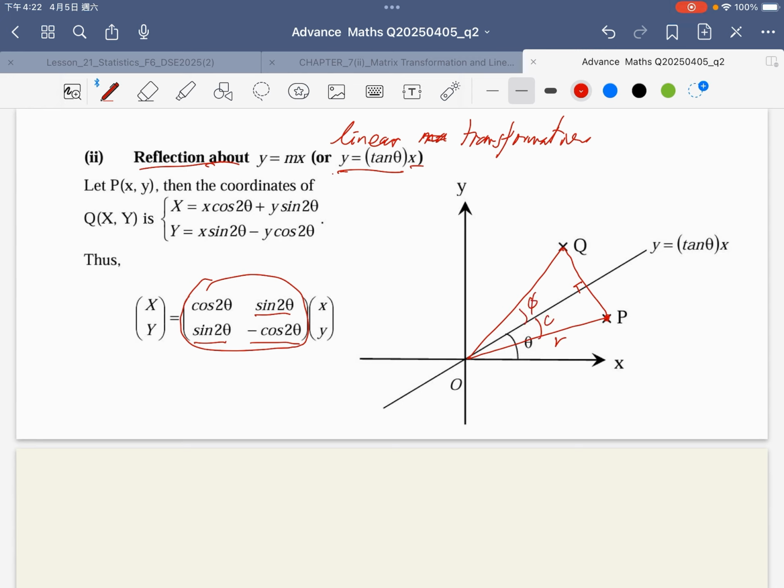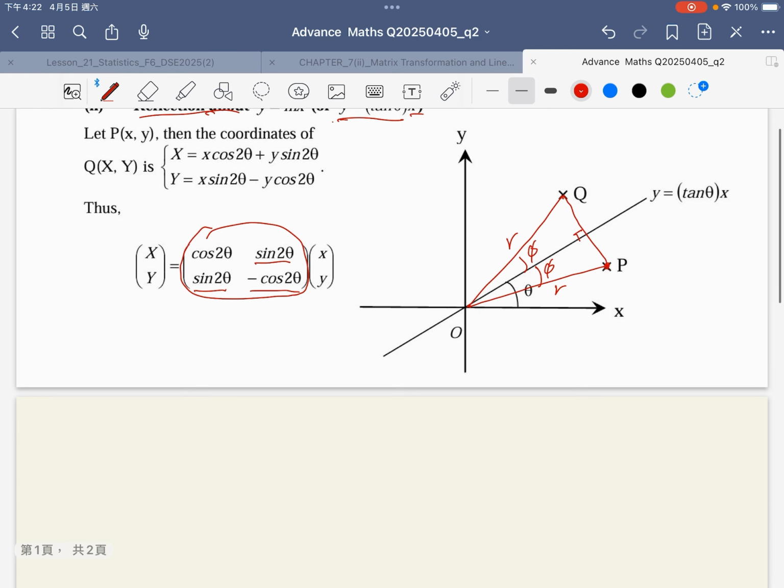I call this angle phi. And the length is also invariant. Therefore, I first let this x, y be the original coordinates, and this is the new capital X and capital Y.